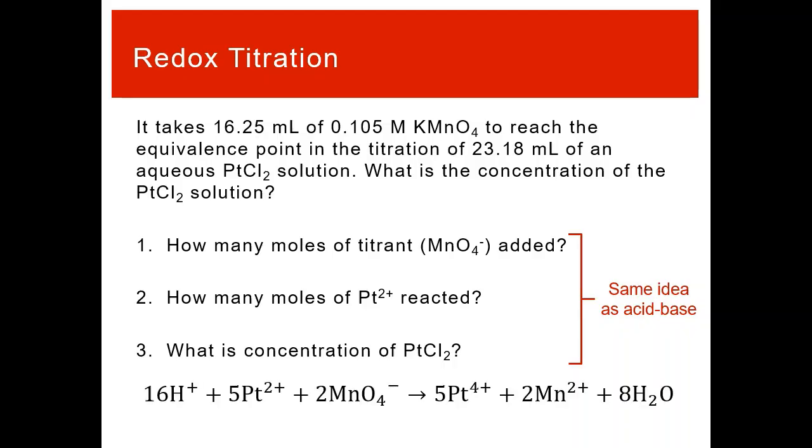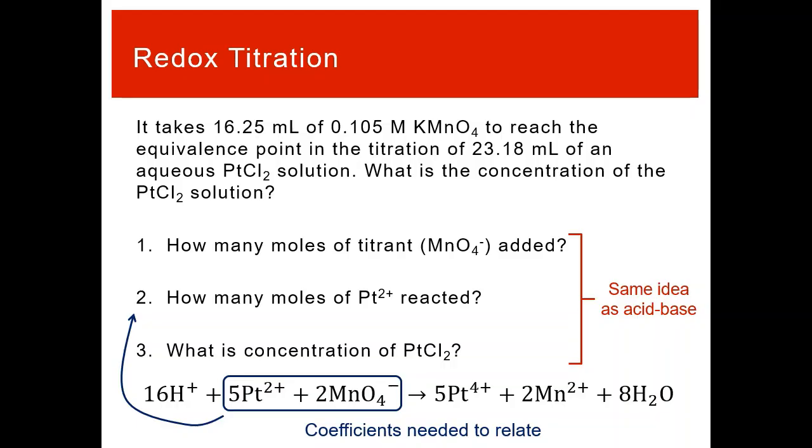This balanced equation is going to be needed to work through the process of analyzing our results. These coefficients that come from the balanced equation will inform and be necessary to figure out how many moles of platinum 2+ reacted. So now that we have our balanced equation, let's work through analyzing the results of my redox titration.